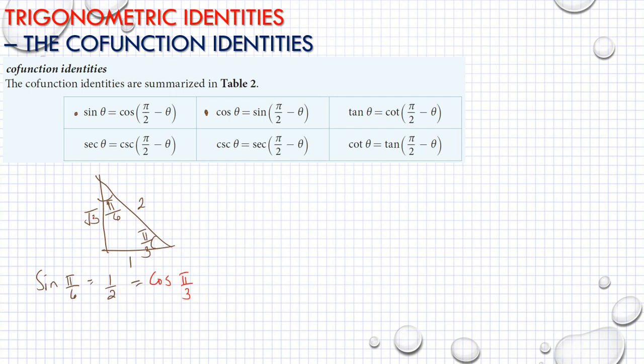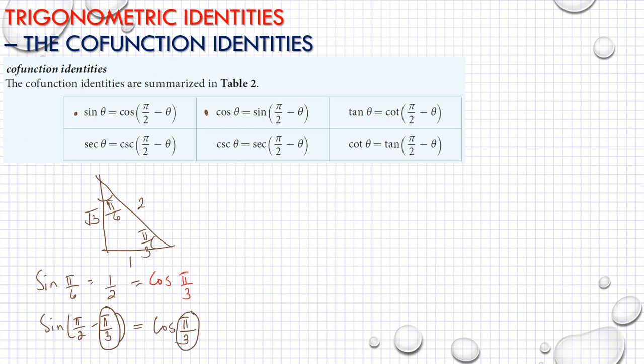What gives this is that if I put now sine of pi over 2 minus pi over 3, that's pi over 6, that will become cosine pi over 3, because our theta now is pi over 3.